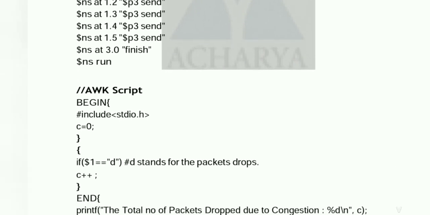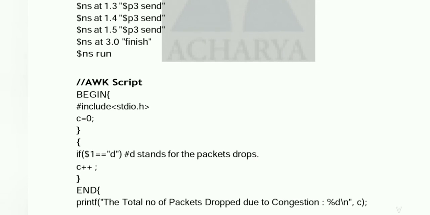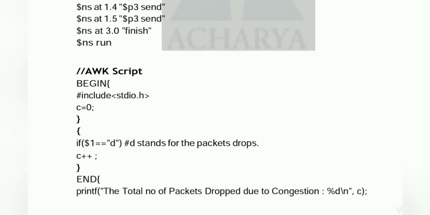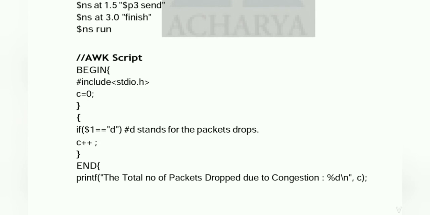Again we start with 0.1 and it stops at 1.5, and finally at 3 we are finishing. This is one set. I want you to experiment with different ping agents and different intervals of time, increasing and decreasing it. And finally we have our script file to extract the number of packets dropped.